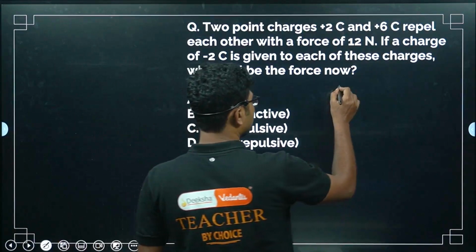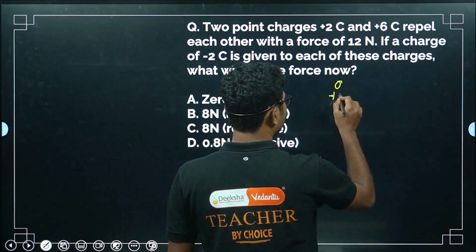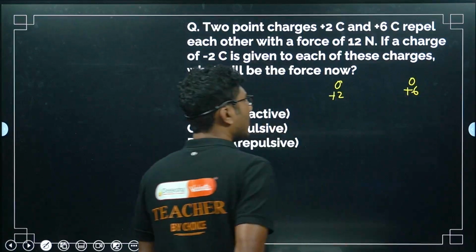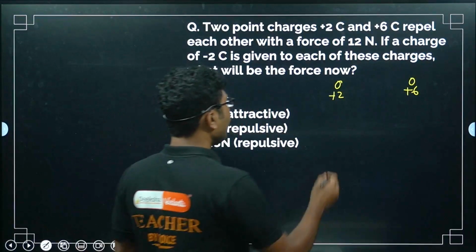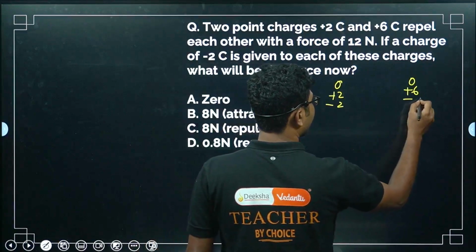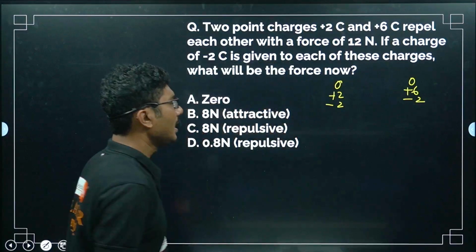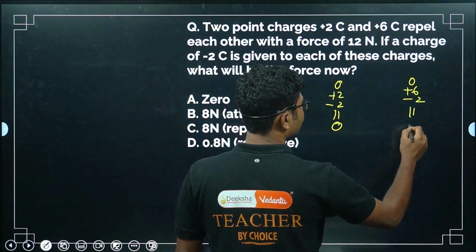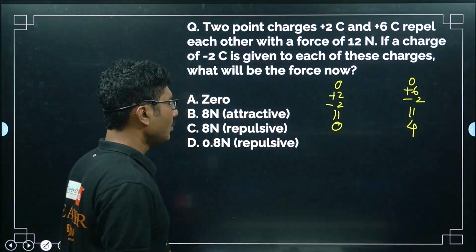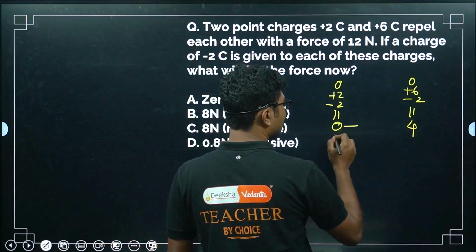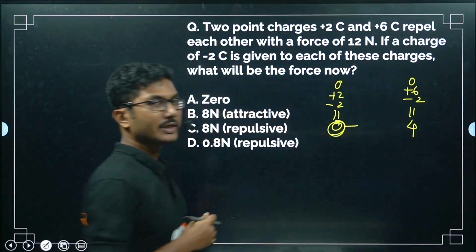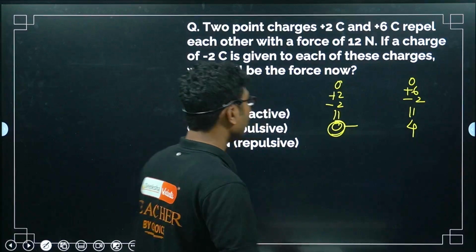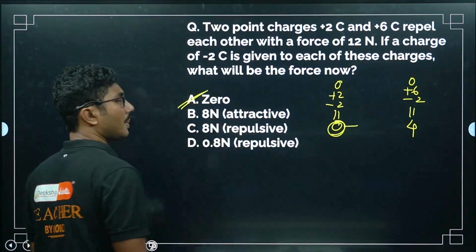Now the net charge here is 0, and the net charge here is 4. So what is the mutual force now? This is now a neutral object, and a neutral object does not apply any electric force to another charge. So the force will be 0.